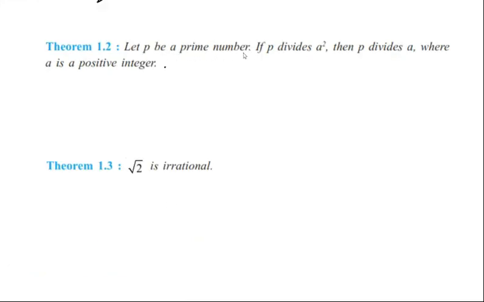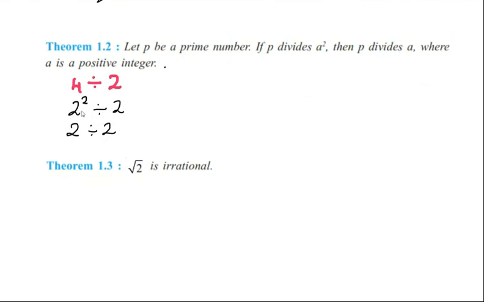Now, theorem 1.2. Let P be a prime number. If P divides A square, then P divides A. That means, yesterday we have done this in some sums. If 4 is divided by 2, 4 is nothing but 2 square, and if 2 square is divided by 2, then 2 also will be divided by 2.